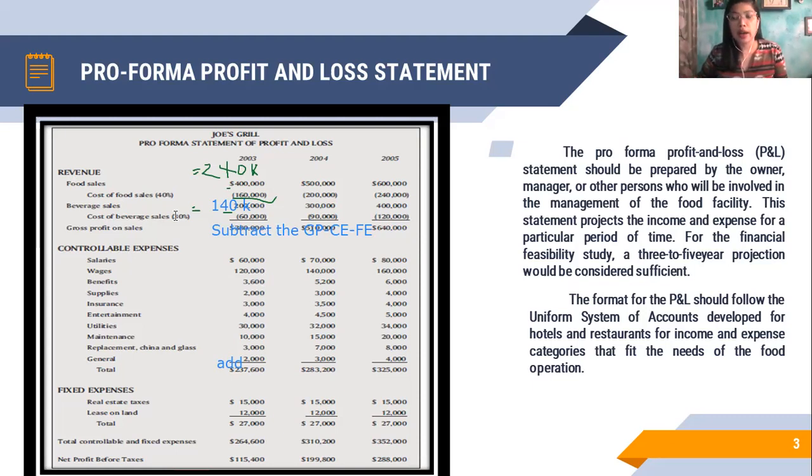So in doing a 3 to 5 year projection, again, you need to really study this example, in which you will increase or decrease your projection of figures.